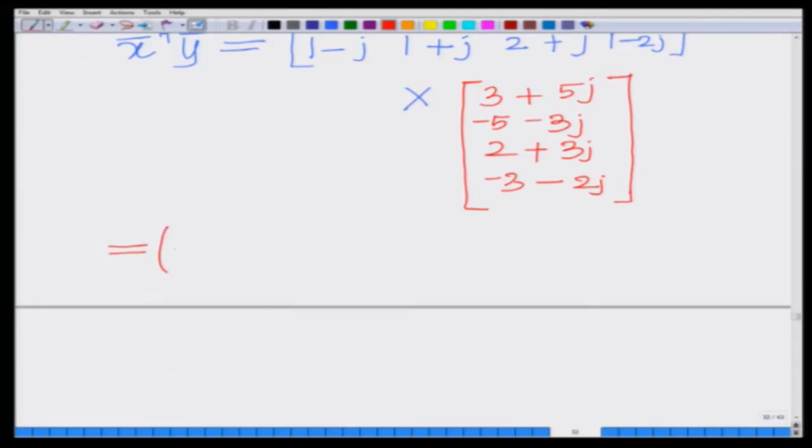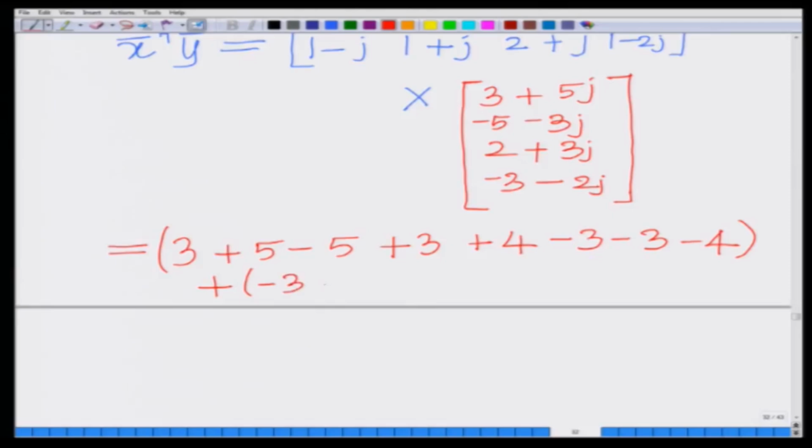Well, first I am going to write the real part. The real part turns out to be 3 plus 5 minus 5 plus 3 plus 4 minus 3 minus 3 minus 4, plus the imaginary part, which is minus 3 plus 5 minus 5 minus 3 plus 2 plus 6 minus 2 times j.